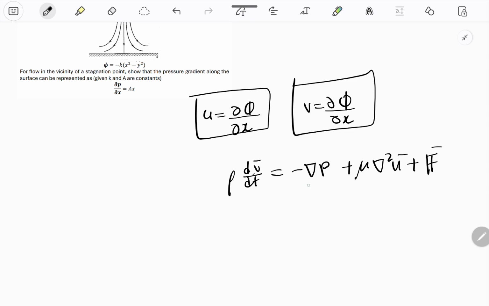So I'm interested in finding the pressure gradient in the x direction. If I use the chain rule here, I would have dV/dt plus u dV/dx plus v dV/dy. Two dimensions I think would be enough for me.